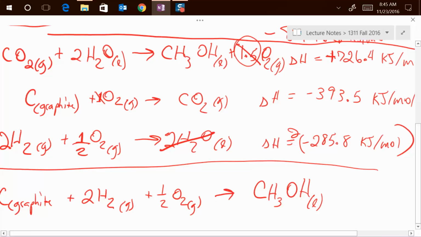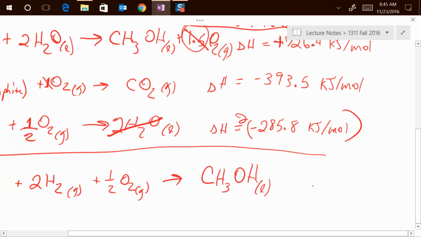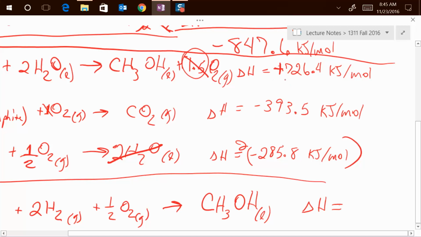Okay, so what are we finding the delta H of this to be then? So we change this to a positive. So 726.4 minus 393.5 minus 285.8 times 2.